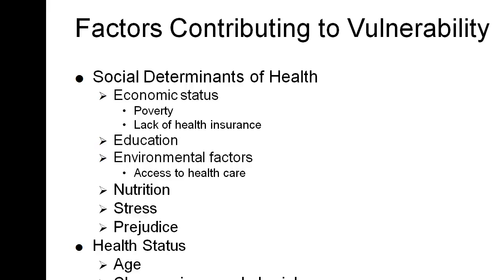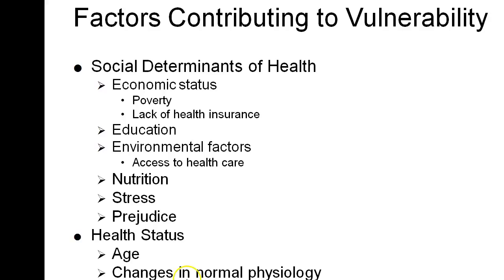All right, so factors contributing to vulnerability. So economic status, poverty, lack of health insurance. Education. It is astounding with lack of education, how much it affects people's health. Environmental factors. Do they live somewhere where they can't get to their health care?